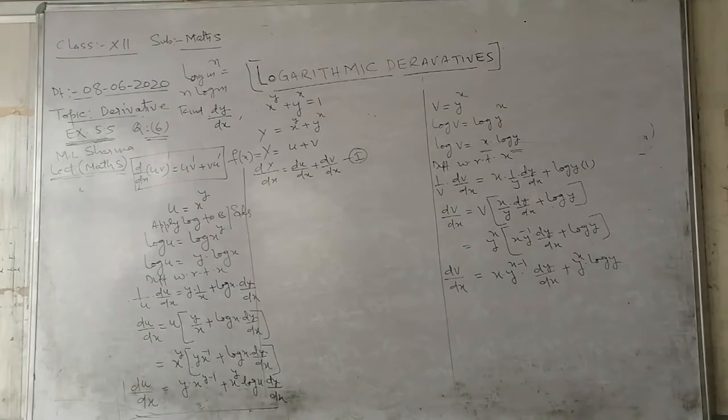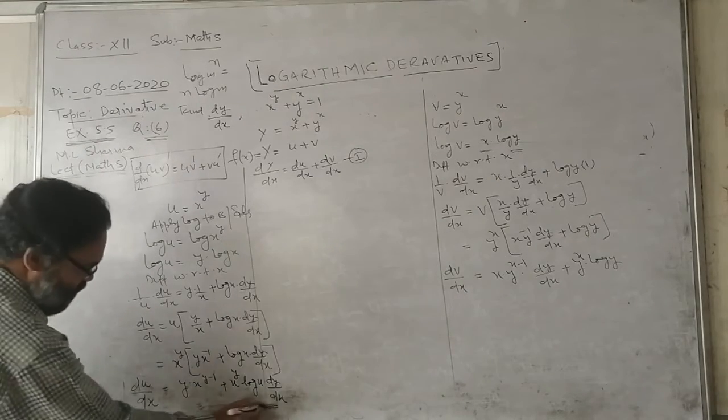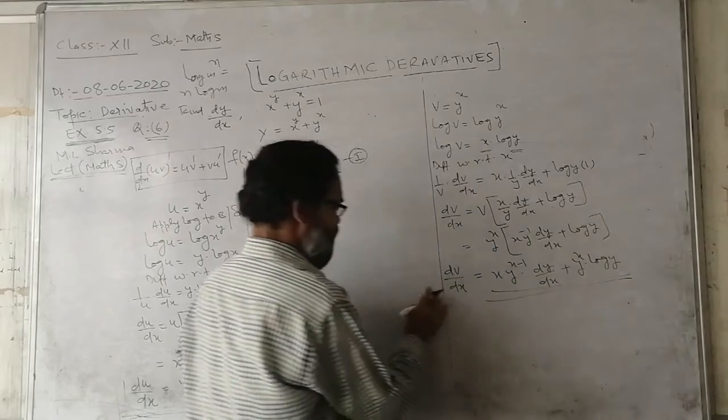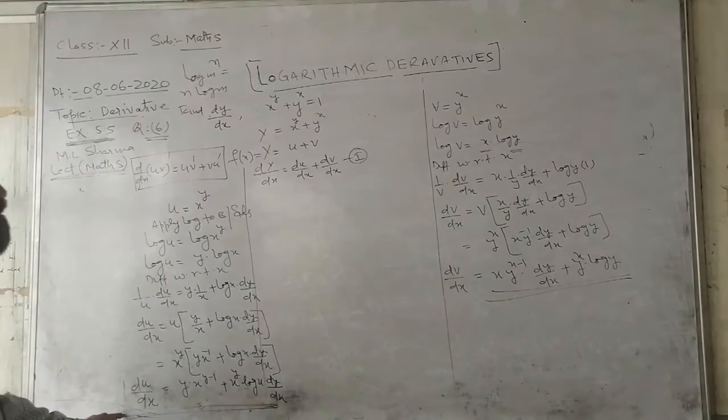So I have found out the two values, that is dv upon dx and du upon dx.